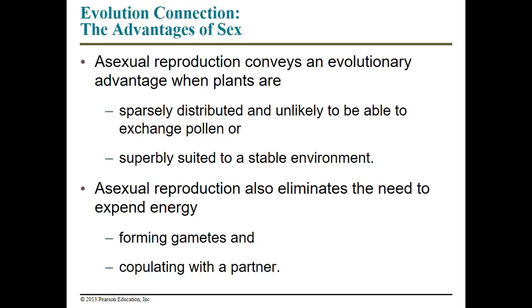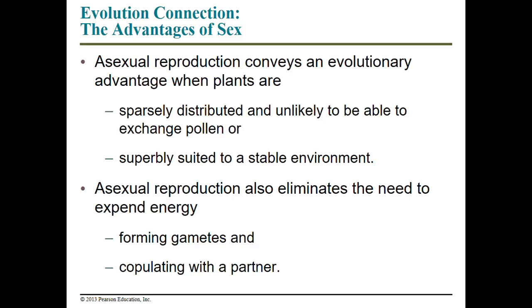So let's review some different advantages of sexual and of asexual reproduction. Asexual reproduction is good when it's in a stable, non-changing environment, and it also eliminates the need to spend energy finding a partner, making gametes, making sex cells, copulating with a partner.